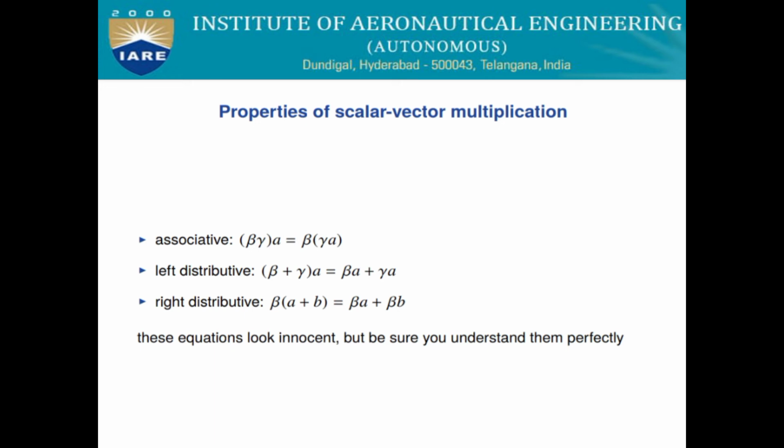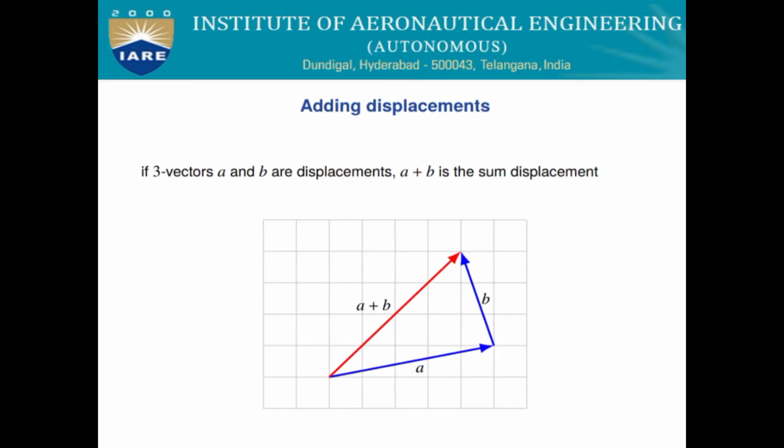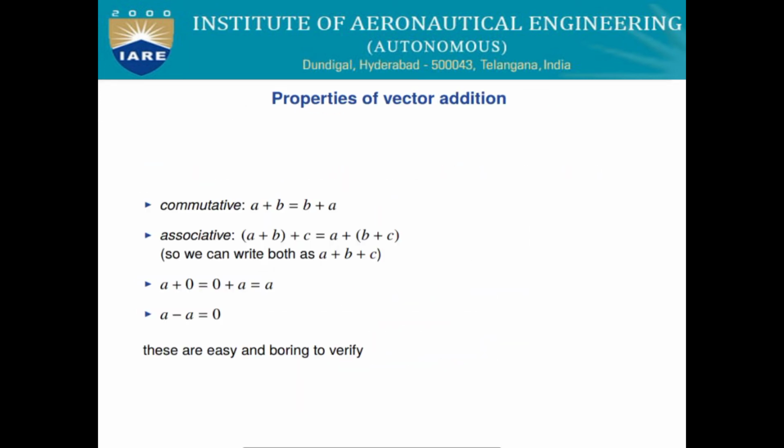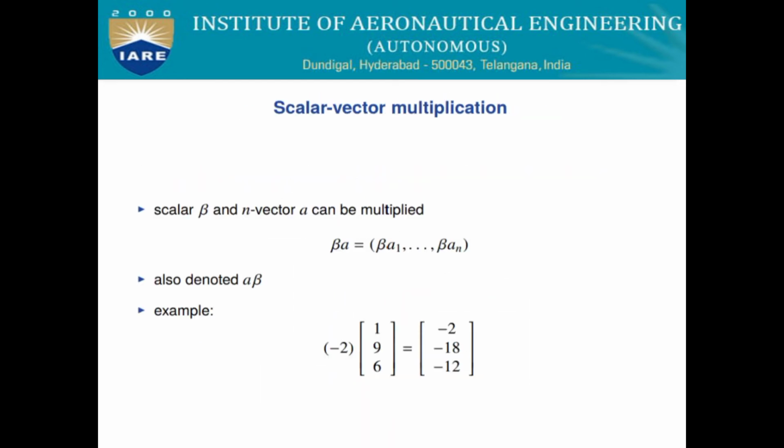These equations look complex, but I am sure you understand them perfectly because they are almost similar. Associative law, left distributive, right distributive, these are similar to the vector properties, same as here.